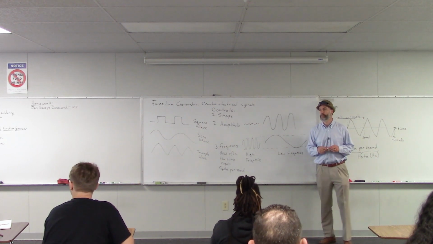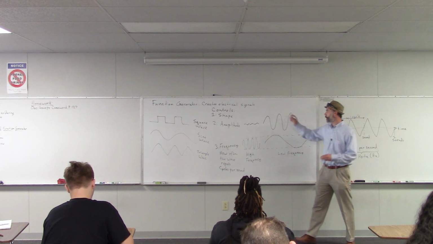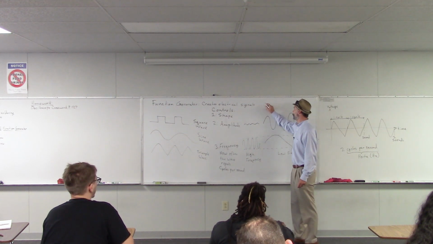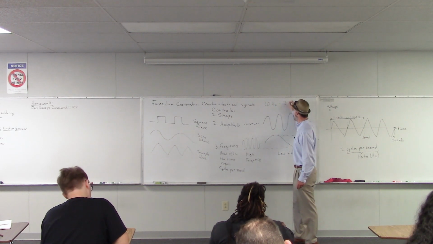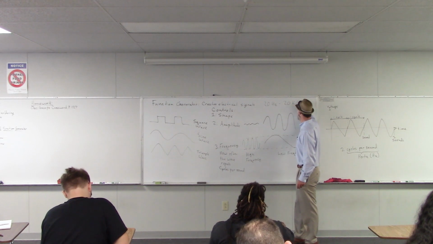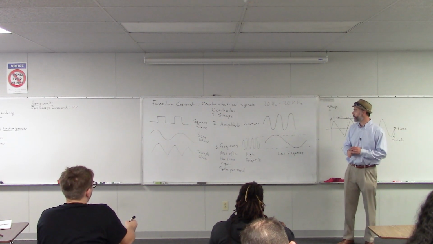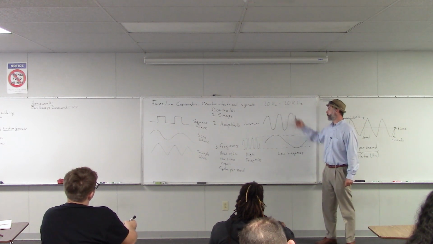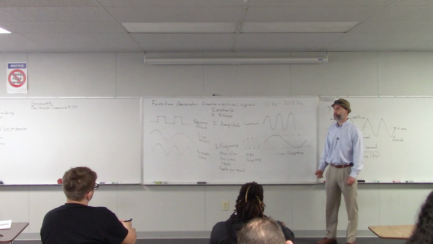Do you know what frequency the average person can hear? Yeah, so the frequency range of hearing is typically, for very good hearing, about 20 hertz to about 20 kilohertz. Yeah, that's excellent hearing. As people grow older, their higher frequency hearing typically diminishes.